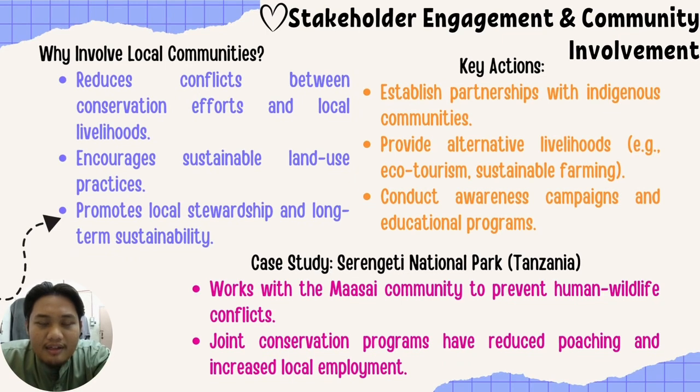Next, the second key strategy for protected area management is stakeholder engagement and community involvement. Why should we involve local communities? It is because it reduces conflict between conservation efforts and local livelihoods, promotes sustainable land use practices, and encourages long-term stewardship.